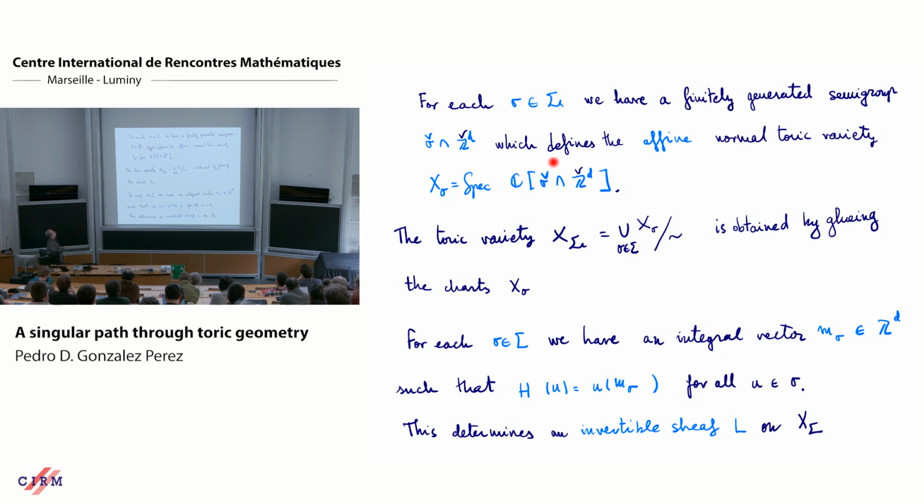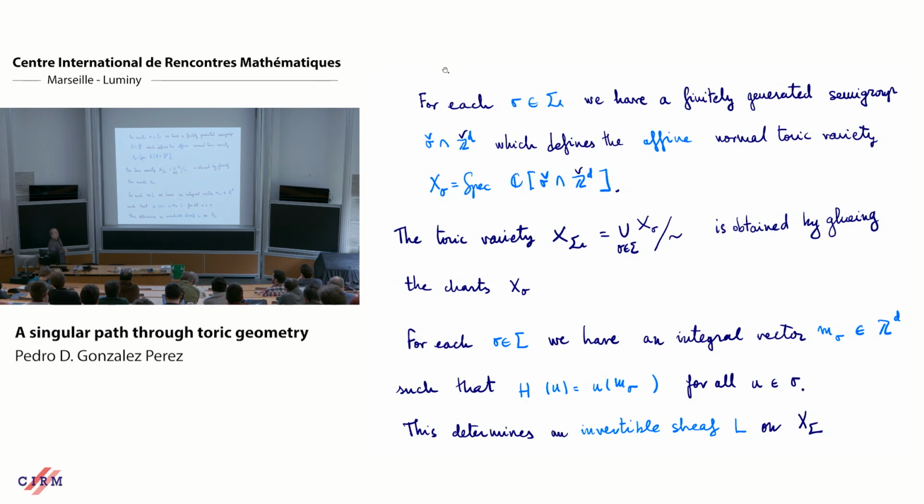And from these affine toric varieties, we can define by gluing in a natural way a toric variety. This toric variety is compact because the fan is supported on the whole R^D.